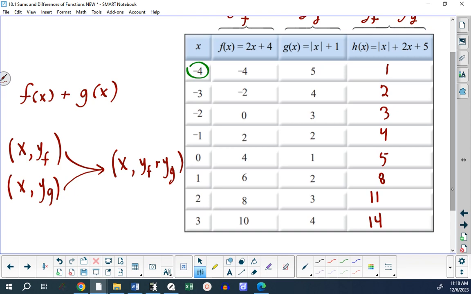That's the mapping. The x-coordinate stays the same. All we're doing is looking at a particular location for x, and we're saying, let's add the y-coordinates. So you look at x equals 2, and you add the y-coordinates to get the y-coordinate at 2. And again, I haven't seen this, but I think it communicates the idea well.